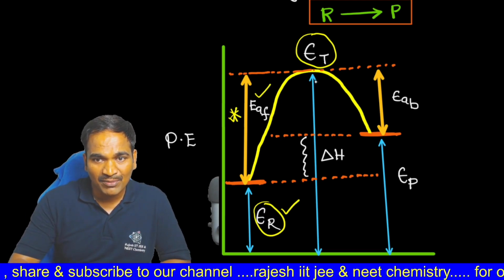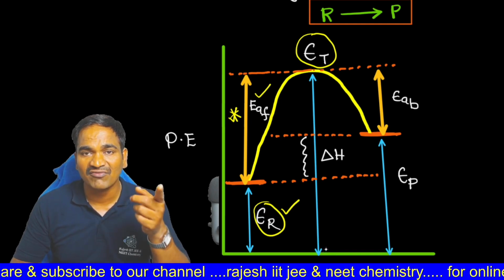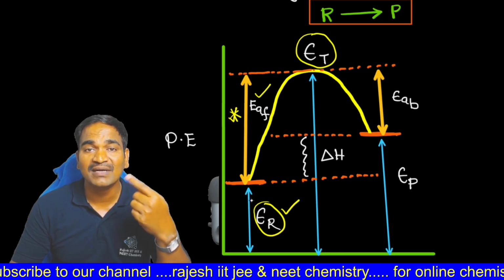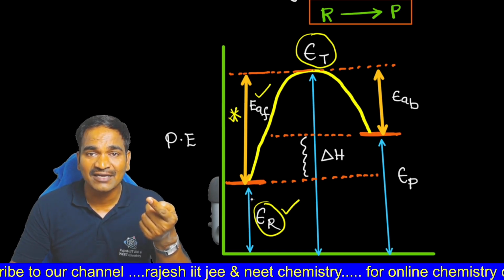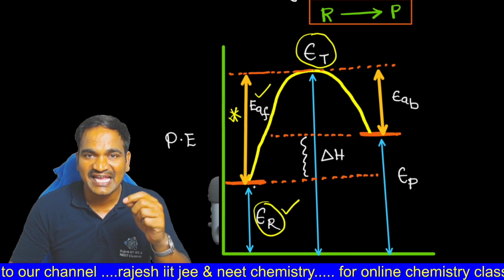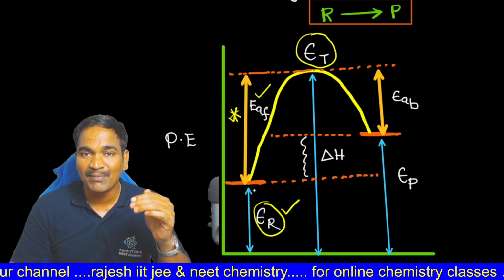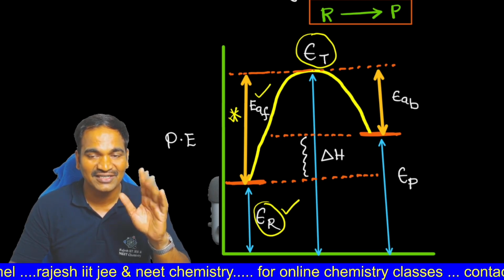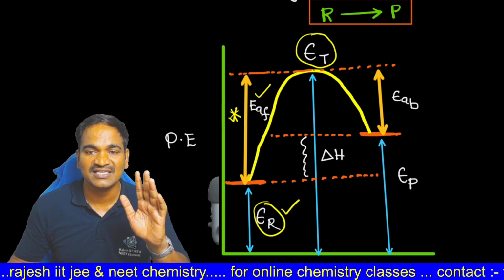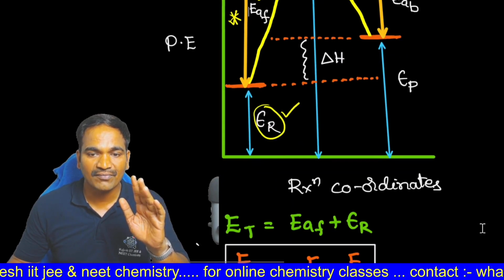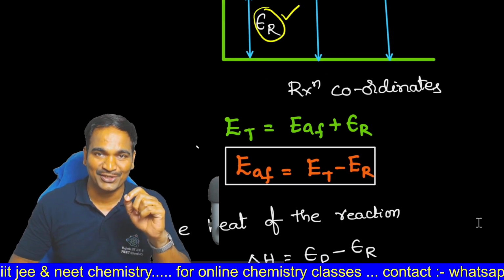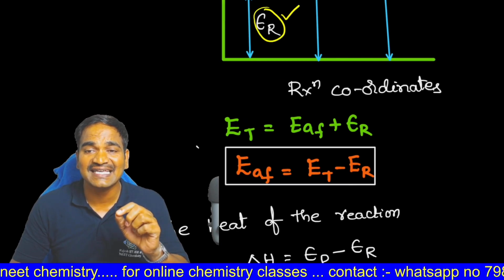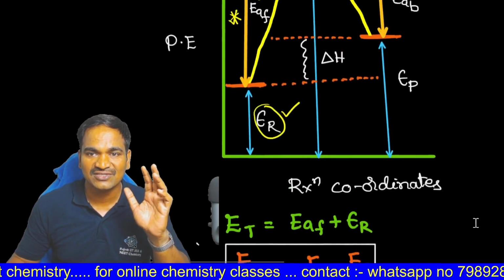So the total amount of energy required to convert into products is called ET. How much amount do we need to supply to the reacting molecules? EAF. How much amount is already present in the reactants? ER. Have you got it? So here you see the next step. ET is equal to EAF plus ER. You see this total.